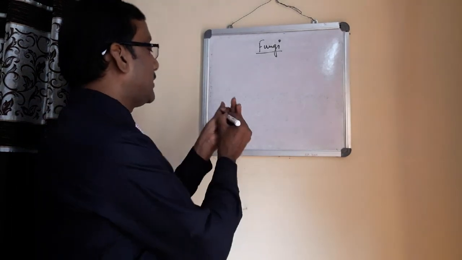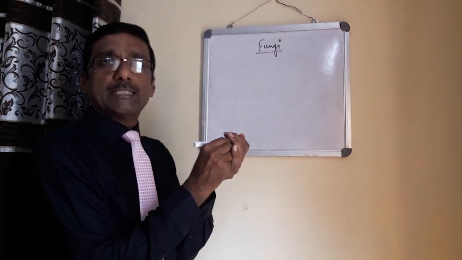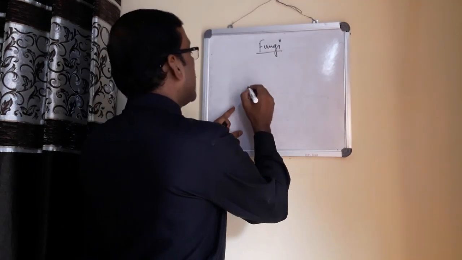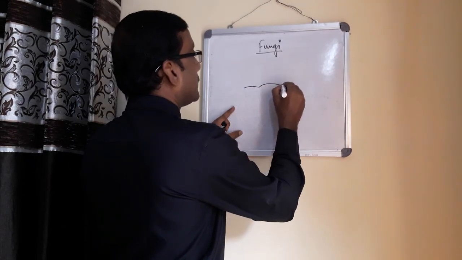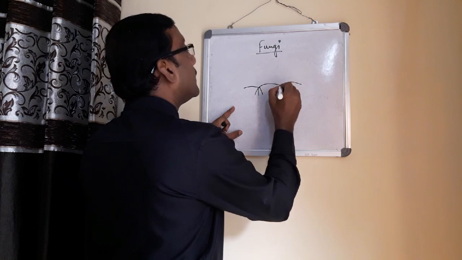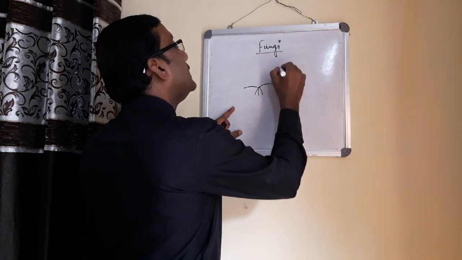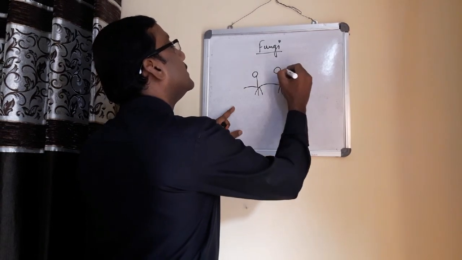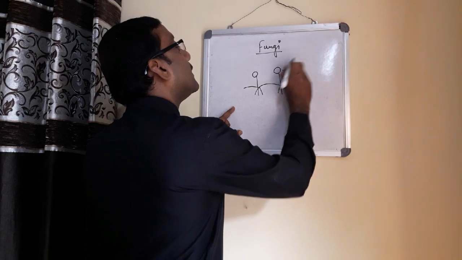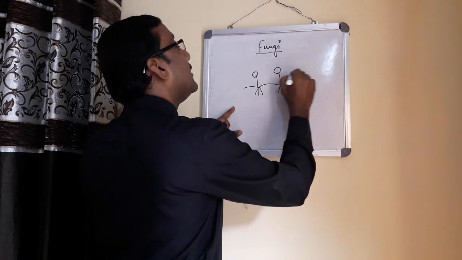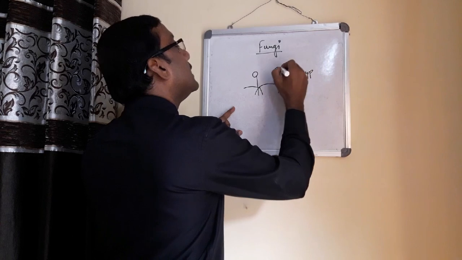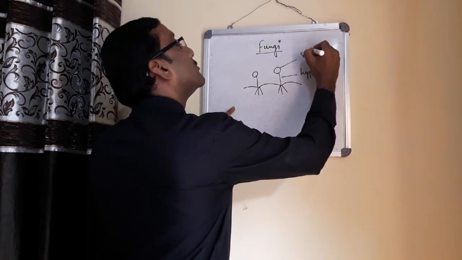See, bread mold is an example of fungi, and it grows like this on the bread. Now these are hyphae, and these are sporangiophores.